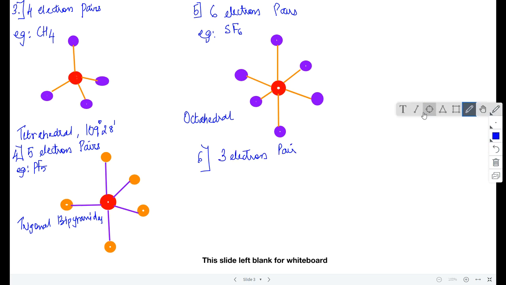Maybe the same compound, but the structure is differently posed.